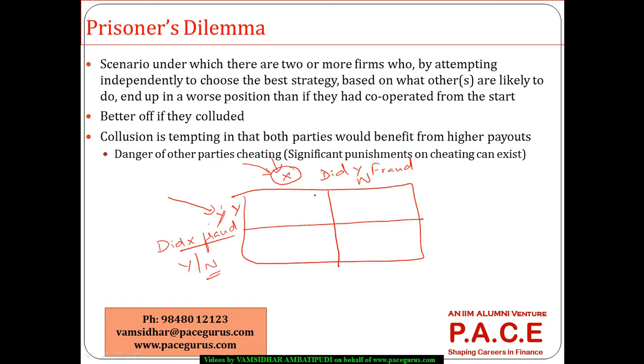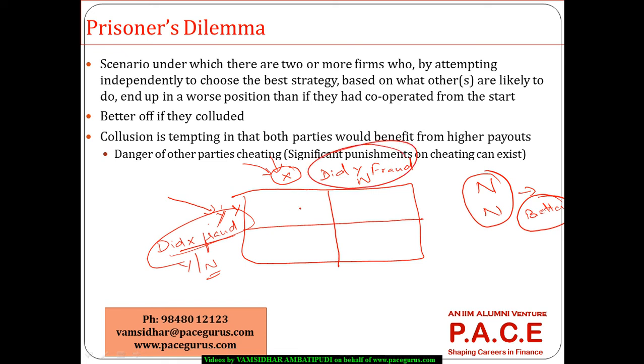What would have been the best strategy here? If Y says no and X also says no, both of them will be better off. That would have been a collusive solution. If the question is, did X fraud, Y says no, and if the question is put to X, did Y fraud, and the answer is no, both of them will get a much lesser punishment.